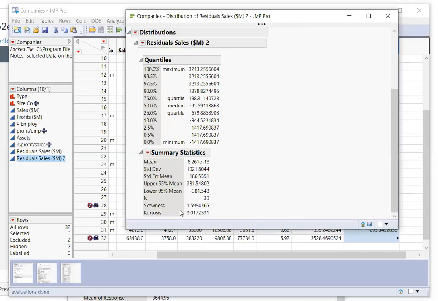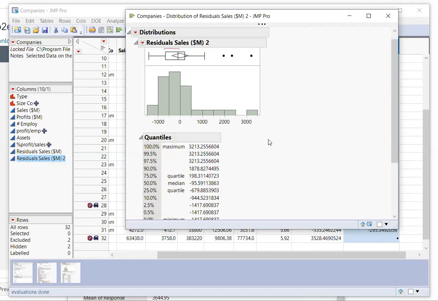Skewness got much closer to 1.5. Kurtosis 3. Kurtosis to be more than 1, it's okay. Not too far from 1, but 3 is okay. But skewness 1.5 is still high, and that's because of those 3 outliers we just saw.